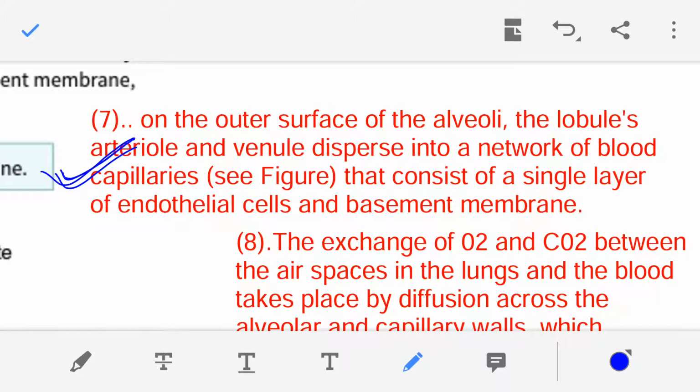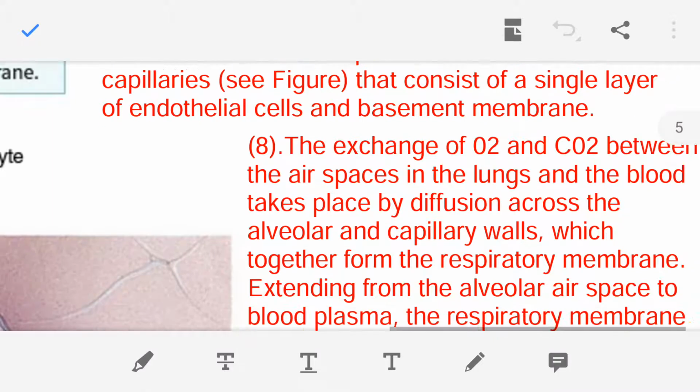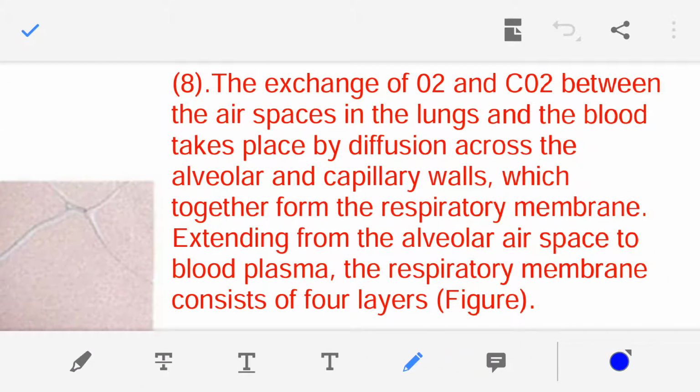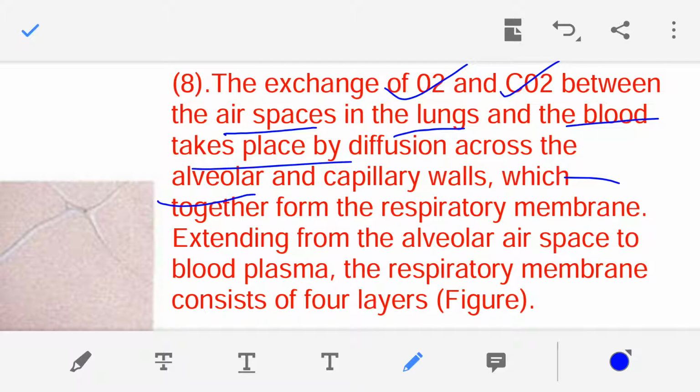Okay, now we are discussing the eighth point of this lecture. Now, the exchange of oxygen and carbon dioxide, where is it taking place? Between the air spaces in the lung and the blood, diffusion takes place across the alveolar and capillary wall, and they form the respiratory membrane.